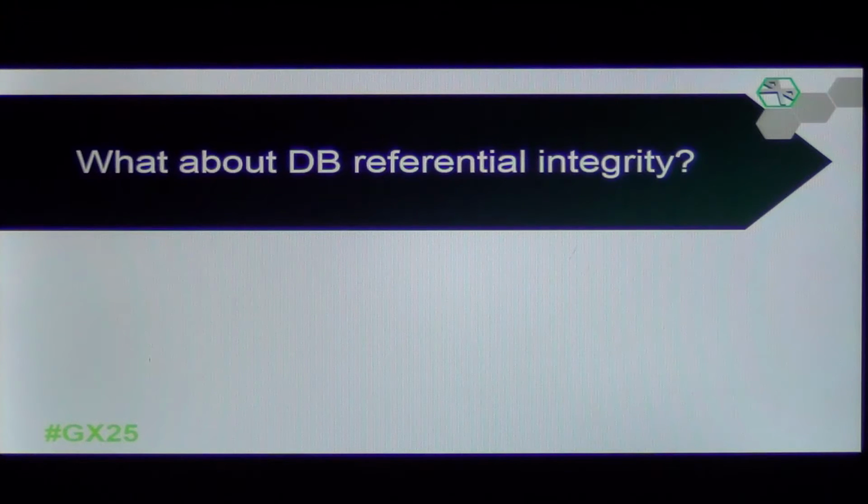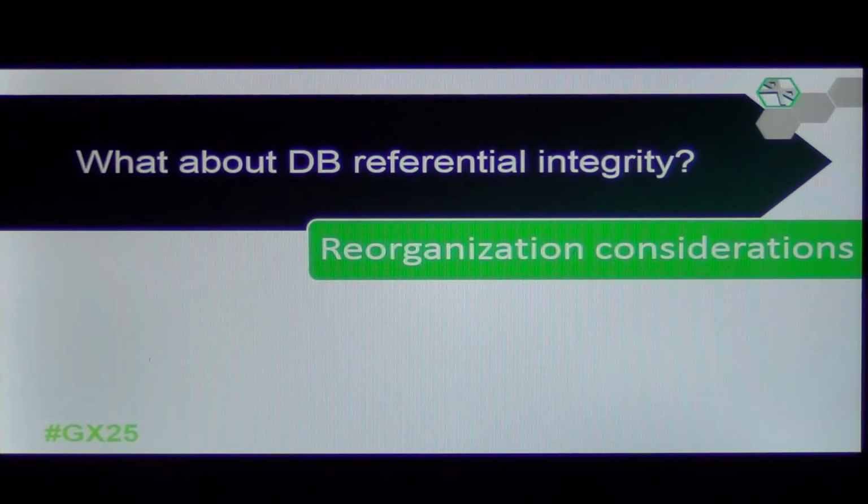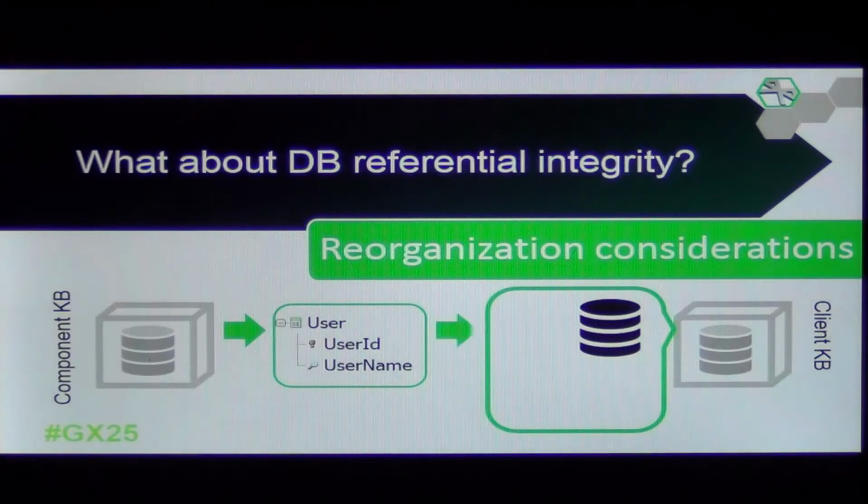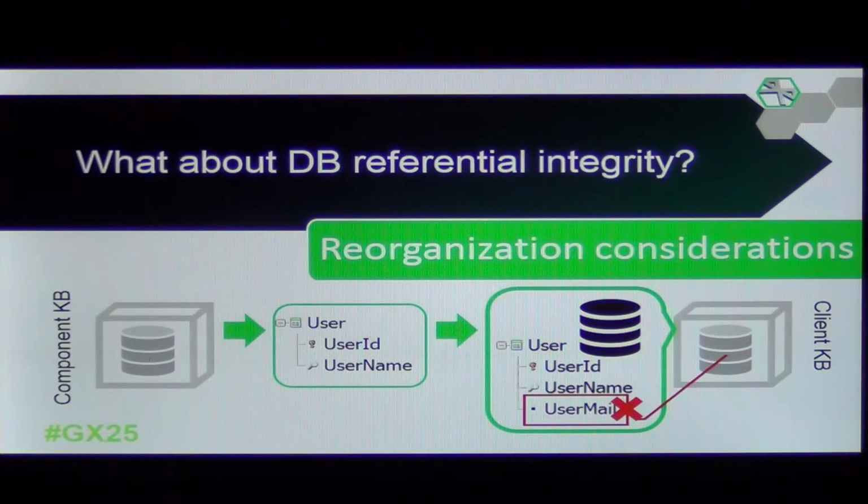What about DB referential integrity when we are already sharing the database? We will have to define restrictions, have considerations as to the operations we will execute. We're always thinking about automated procedures, improving procedures, what to do, what not to do. In this case, the component KB shows a user table, and the main idea is for the client KB. This is the main restriction.